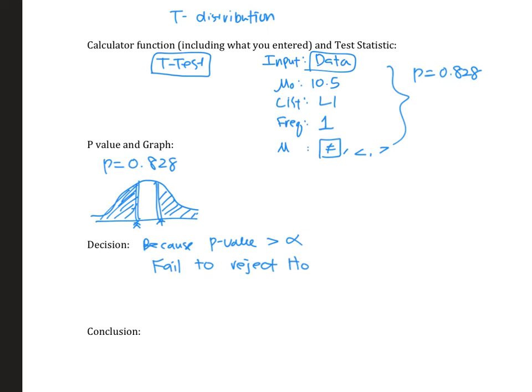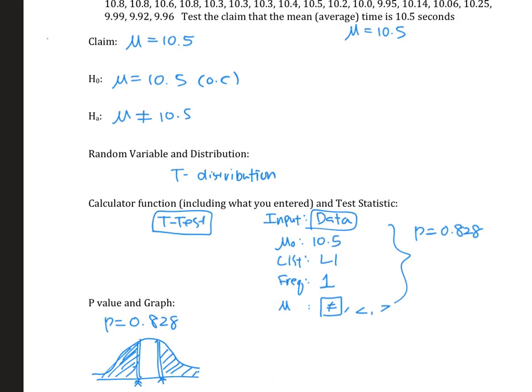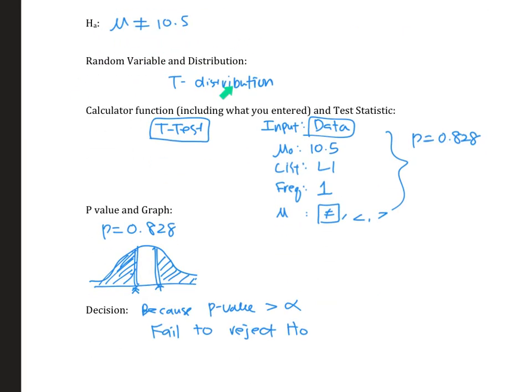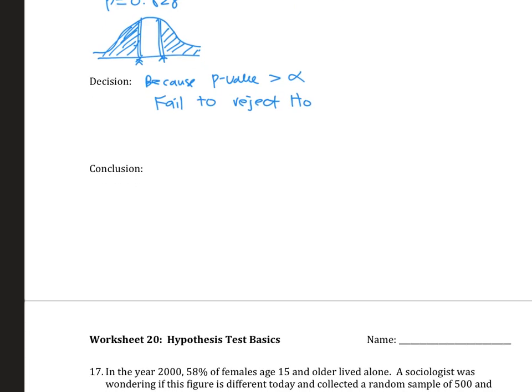All right, so our last step is to declare what I'm going to say about the claim. We failed to reject H naught, and the claim happened to be the same as H naught, so I'll just repeat what I just said. So here I'm going to say fail to reject the claim.